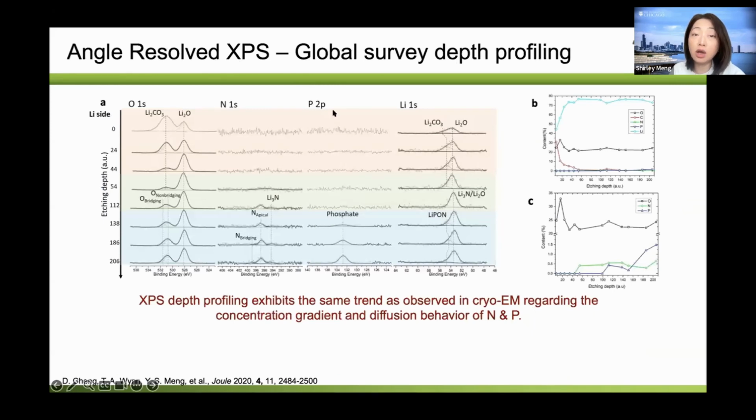So the angle-resolved XPS supports this model. We actually see that the nitrogen signal in the angle-resolved XPS is clearly a gradient. With depth profiling, we can look at the different environments of the nitrogen, because the bridging and apical nitrogen are necessary to be present to allow facile lithium conduction.